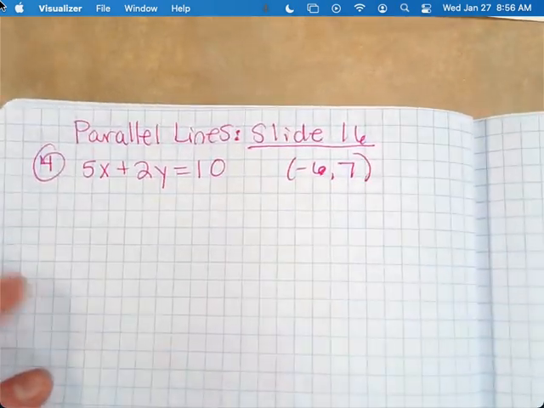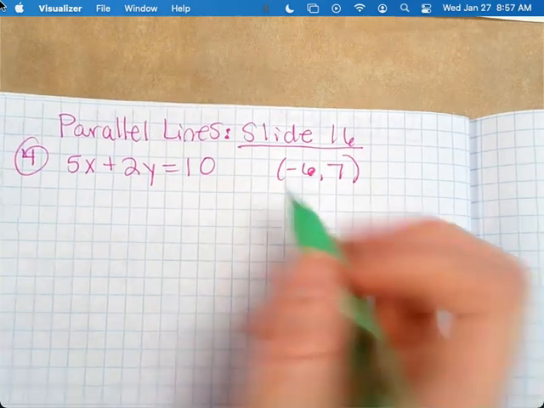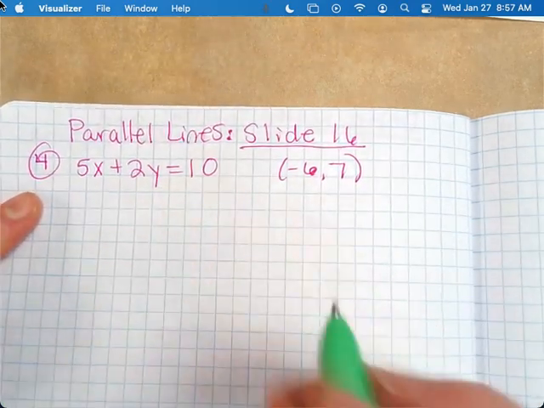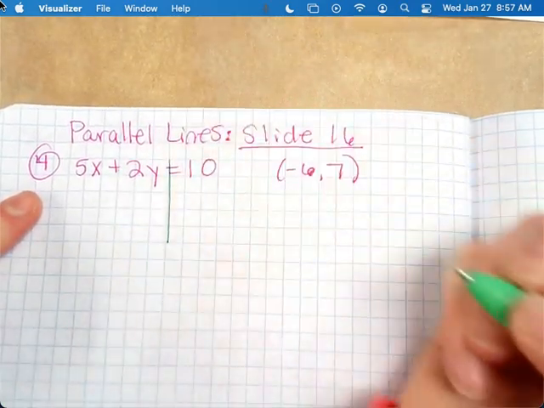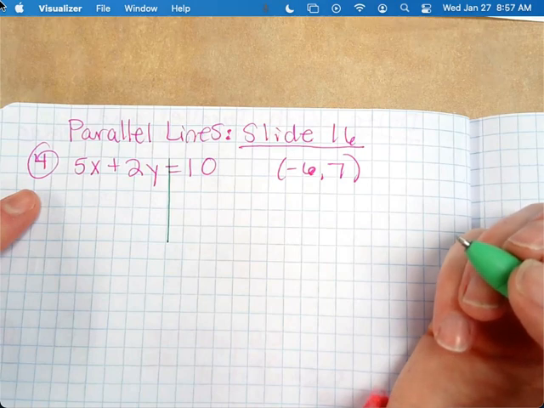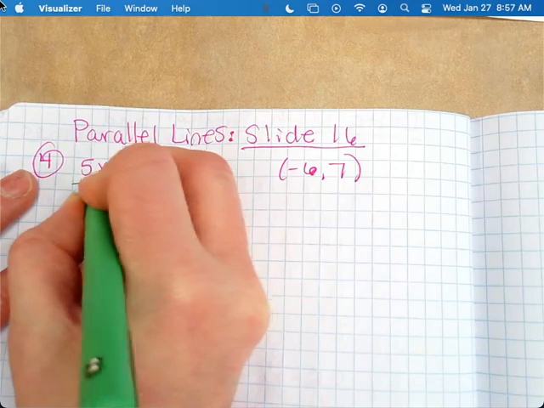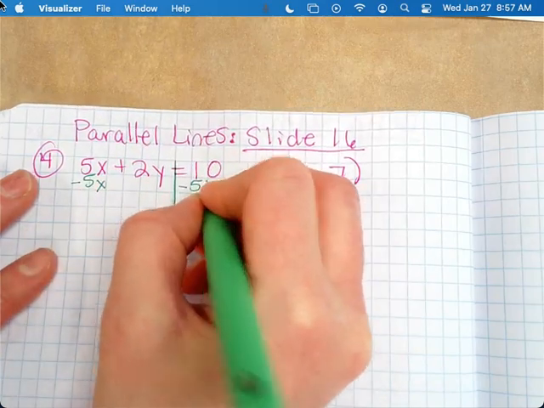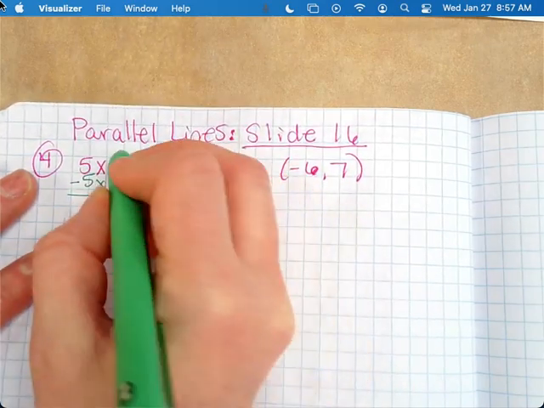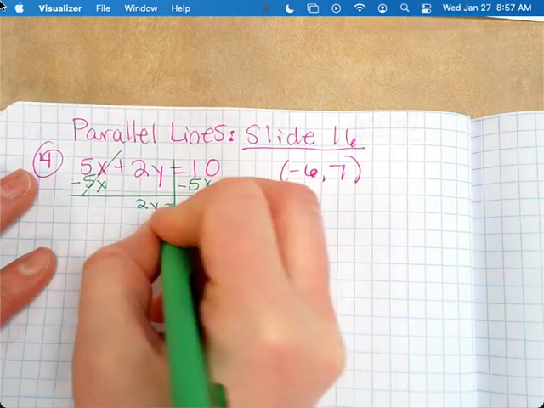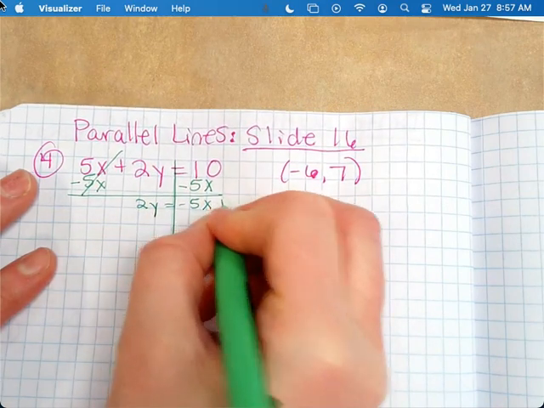In order to find parallel, we have to find the slope. So we need to solve this for y. So draw your line down your equal sign. And what do we need to do? Minus 5x to both sides. We get 2y equals -5x plus 10.